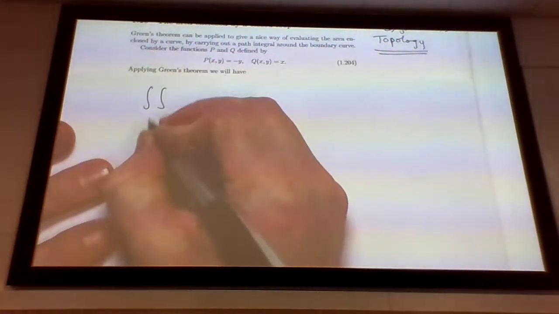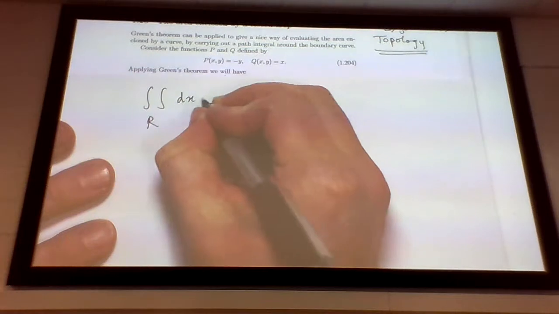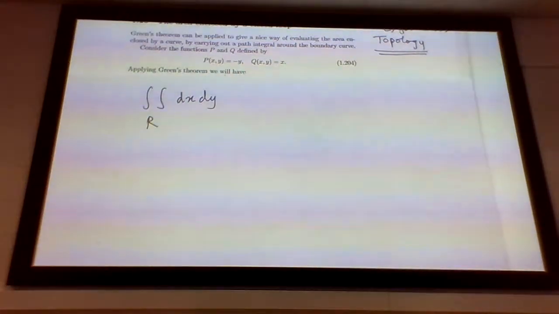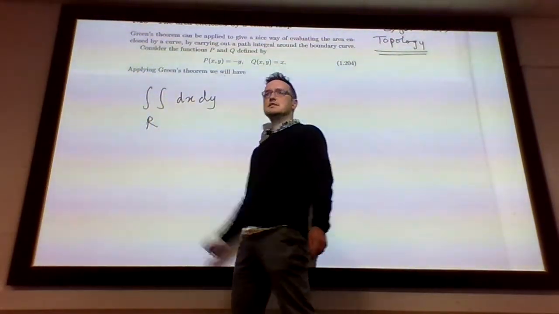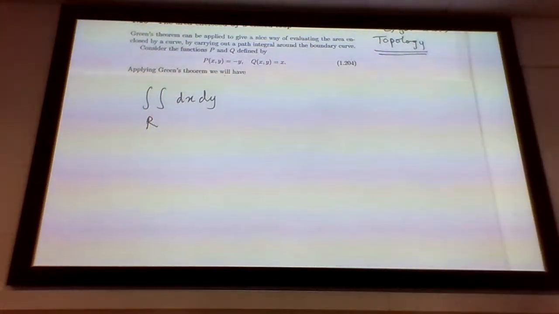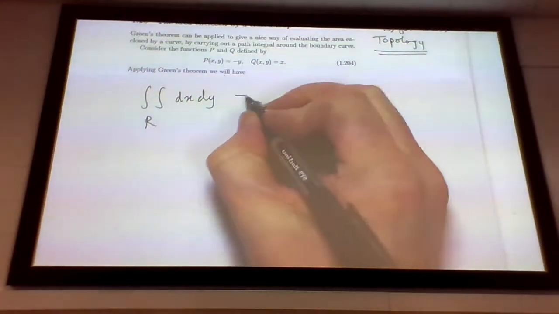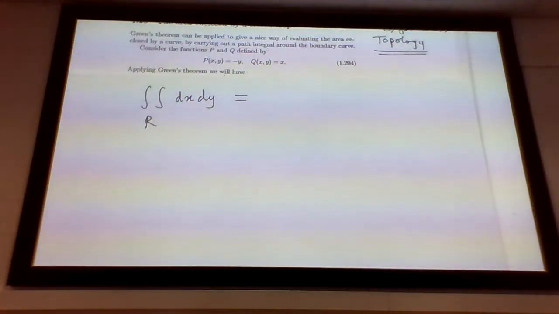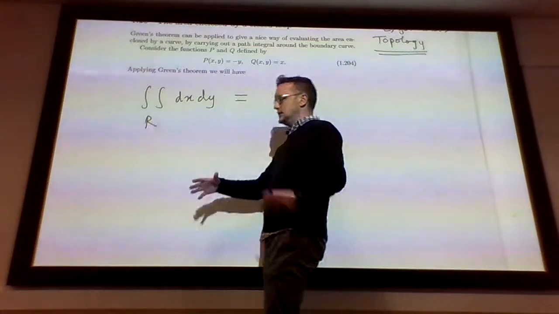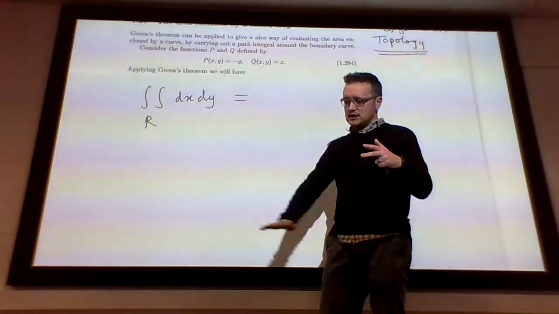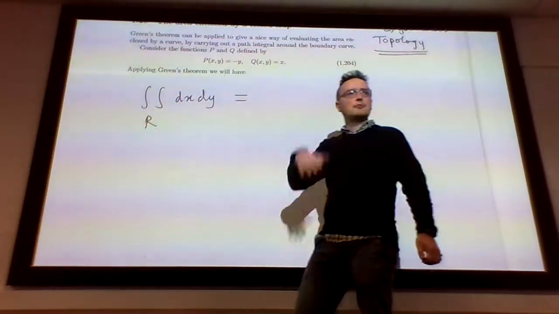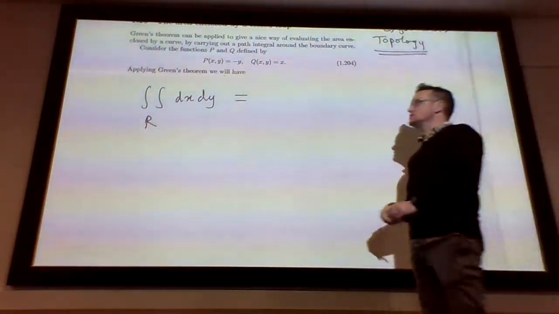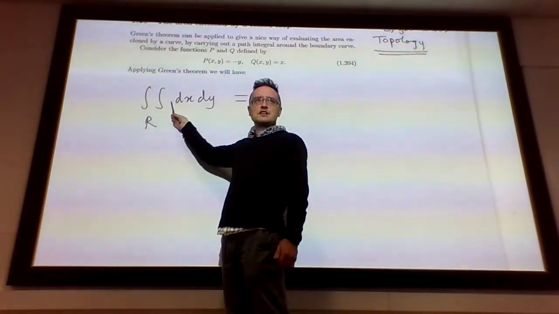In general, if you have the integral over a region R of dx dy, so this is a double integral where you're just integrating the constant function 1. Remember what these double integrals represent. These double integrals represent the volume contained in the region of three-dimensional space, bounded below by the region in the xy plane, and bounded above by the surface whose height is defined by the function that you're integrating.